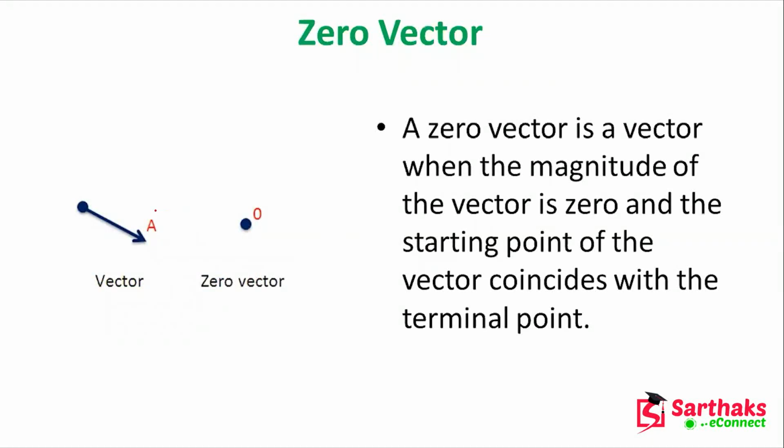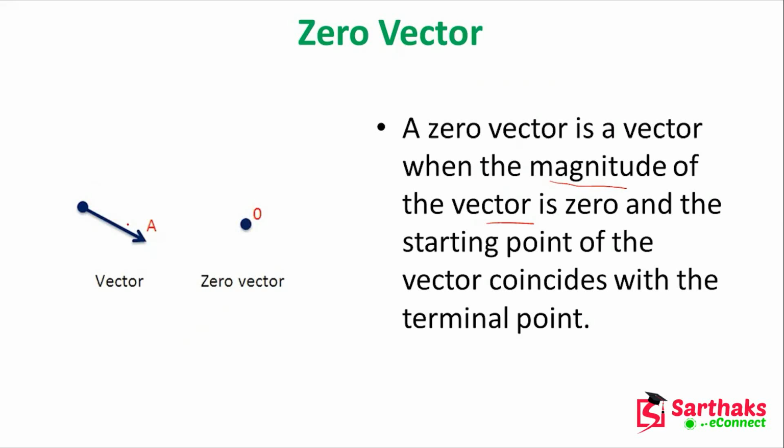Here you can see in this diagram, this is a vector and it has some magnitude, also the direction. And this is called zero vector. That means a zero vector is a vector when the magnitude of the vector is 0. The magnitude means the length, for example if this is 4 meter long or 2 meter long.